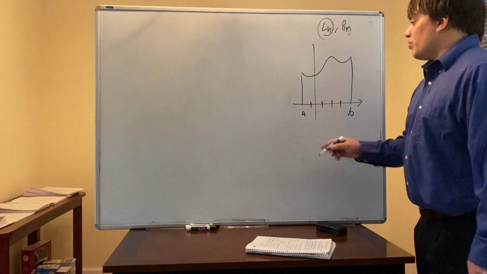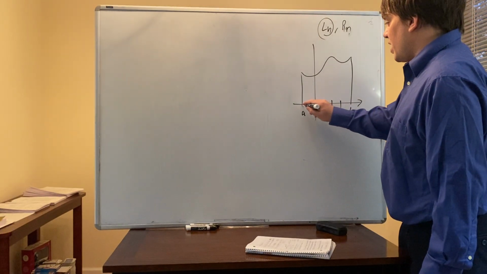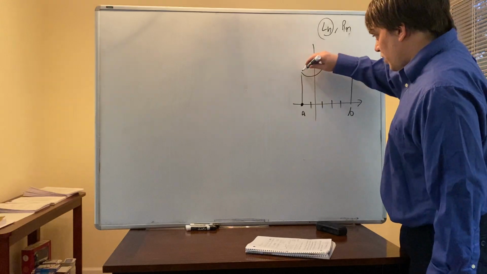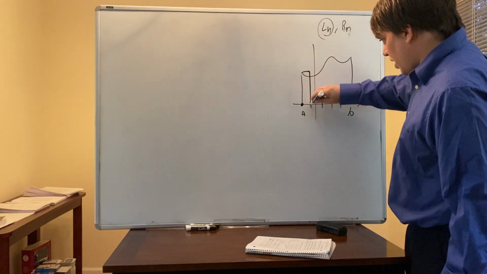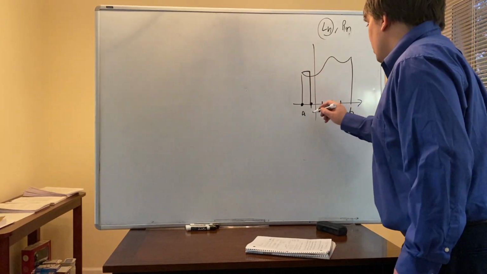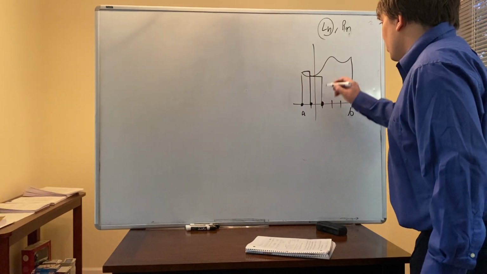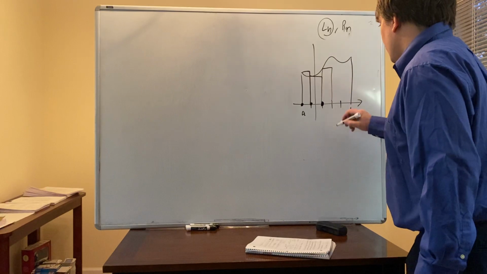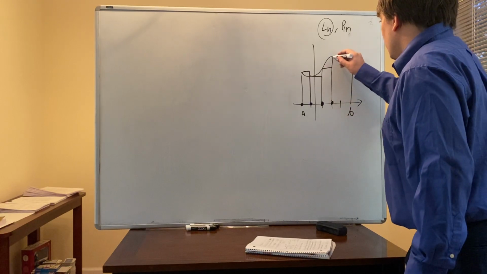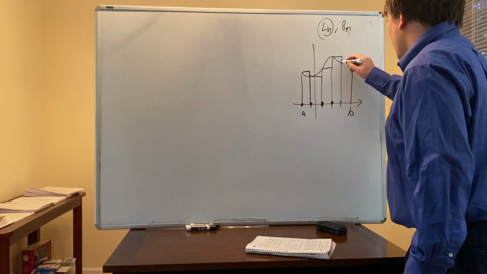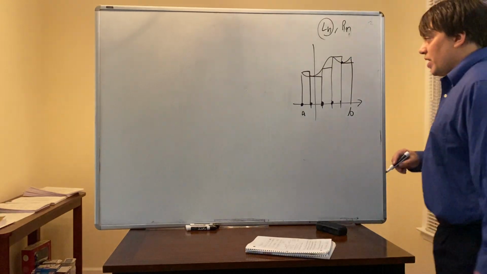And then for each subinterval, you would use the height of the graph on the left endpoint. And so this approximating rectangle would be using the left endpoint. This interval would be using the left endpoint, and this interval, and this interval, and this interval as well.